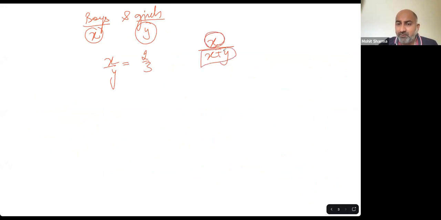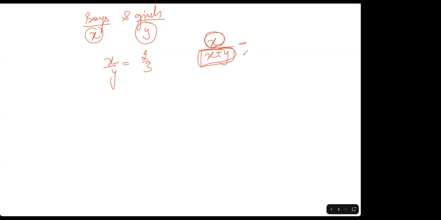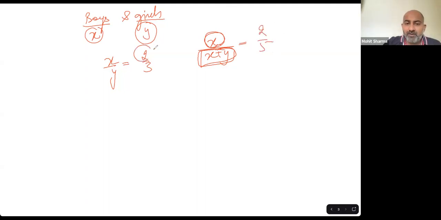The ratio of boys to the total number of people in that group. Can we find that from here? Yes, sir. 2 by 5. Okay, so it's like 2 parts boys, 3 parts girls, total 5 parts. Out of that, 2 parts are boys. As simple as that. Nothing complicated.